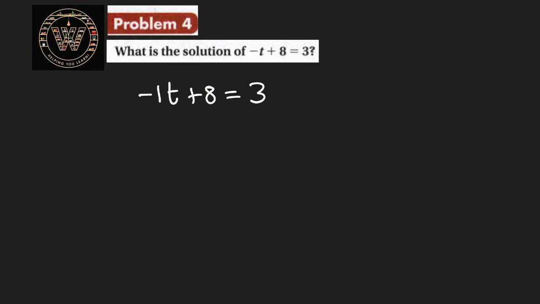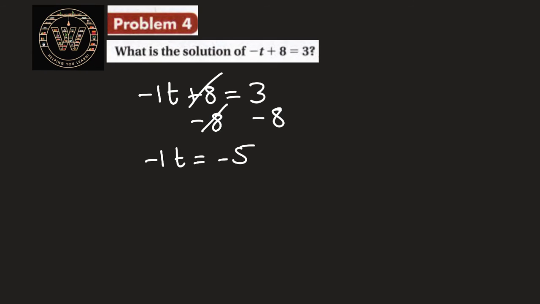Now what is the first thing you're going to get rid of? Plus 8. How? By minus 8 on both sides. So plus 8 and minus 8 cancel. Negative 1t is equal to 3 minus 8, which is negative 5.